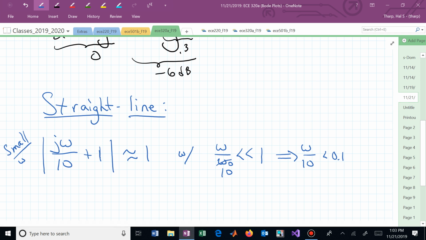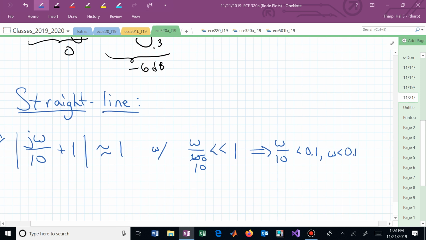Goldilocks value. If we are now saying we are going to approximate this magnitude of j omega over 10 plus 1 when we have small frequencies with 1, what's a small frequency? Well, it's a decade before the break frequency. That's the 0.1. So this is now when omega is less than 0.1 times 10.